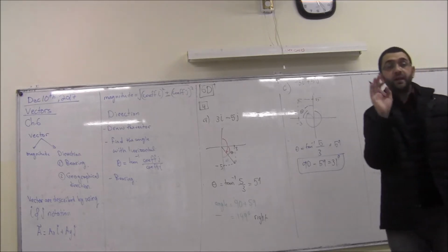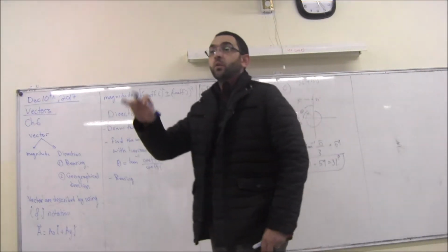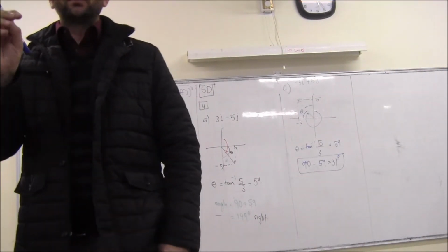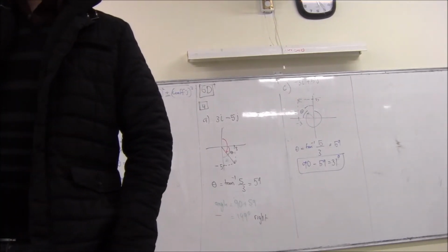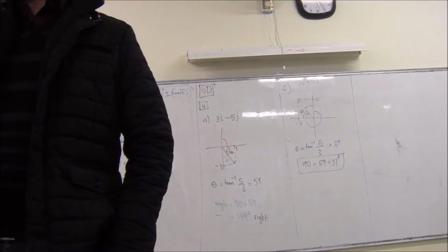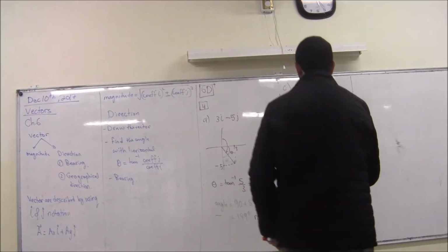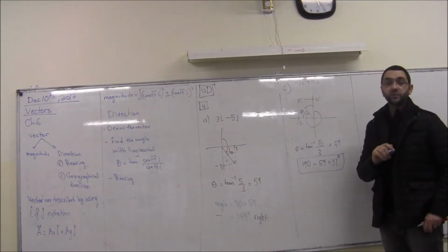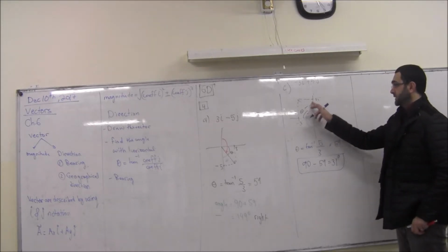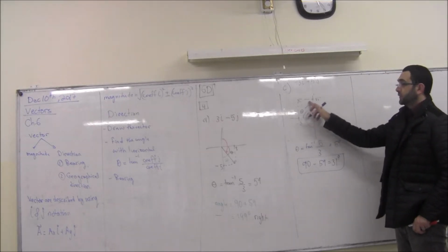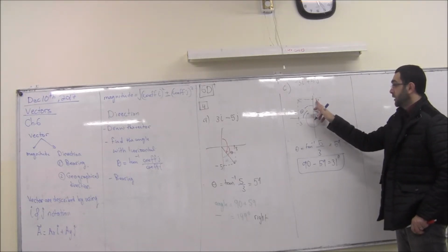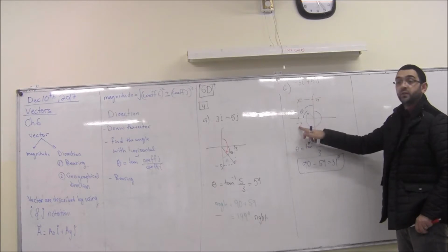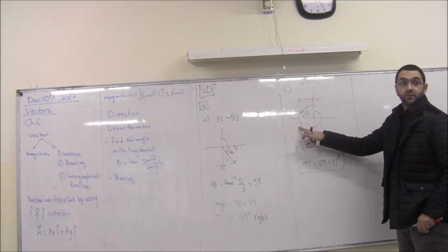Why did I do it like this? Pay attention please, guys. One of the most common mistakes students make is that they don't know how to write opposite over adjacent. If I took this as theta, tan theta equals opposite over adjacent, and directly we would write 3.